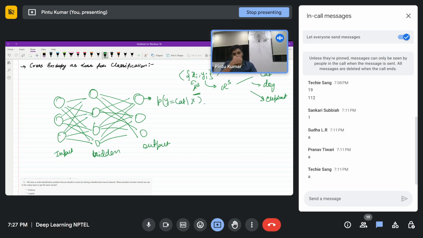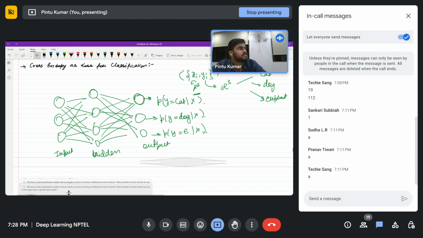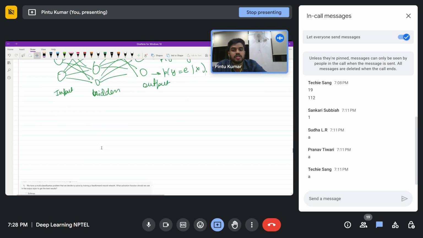This is what I want from my first output. The second one should give me the probability that my image is of a dog given whatever input I have given. Similarly, this one is that it is elephant given x.